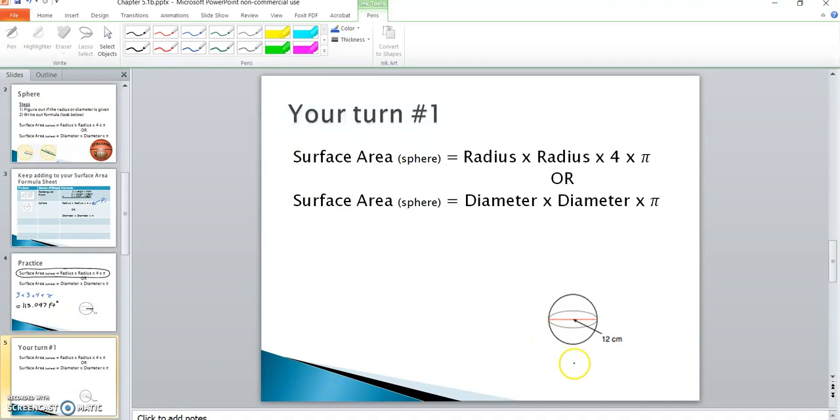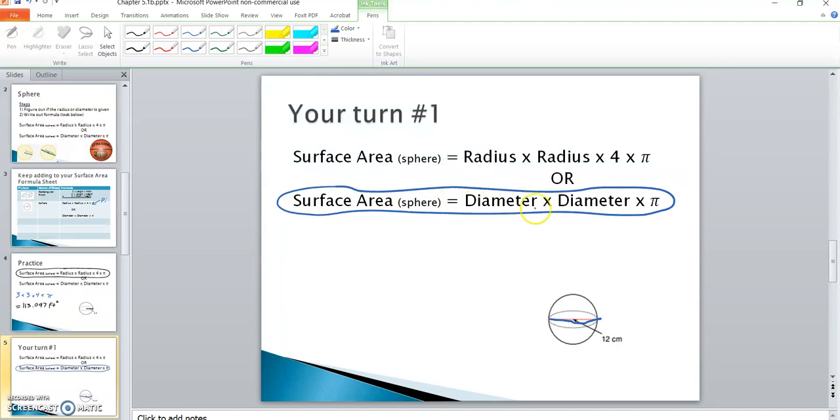In this one, you'll notice it's a bit different because we have the line going all the way across, which means it's a diameter. If it helps you remember, think of the diameter as being longer across the circle, and diameter is a longer word than radius.